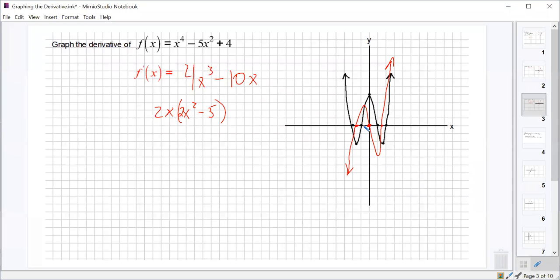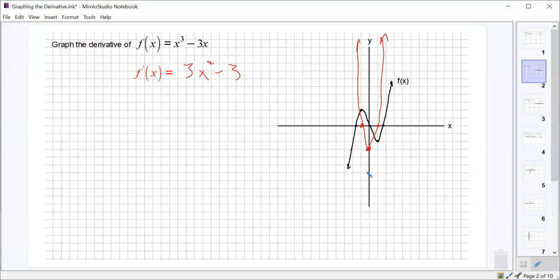All right, so we note that this x-intercept is sort of splitting the difference between these two x-intercepts of the original function. And the same here, this x-intercept looks like it's splitting the difference between those two x-intercepts. And you mentioned up here, it looks like it was doing the same thing, right? This x-intercept was splitting the difference between these two, and this x-intercept was splitting the difference between these two.